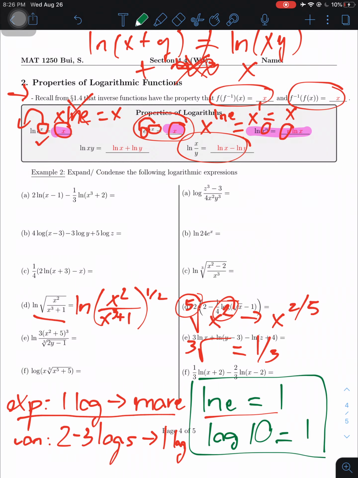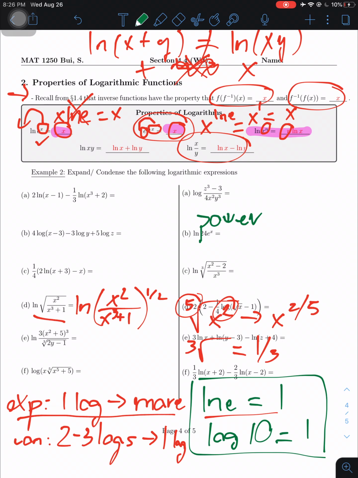So the power equals inside divided by outside. What do I mean by that? Inside divided by outside. If it doesn't have the inside, just refer to 1, okay? That's why the square root in here has 1 over 2 as the power, okay?